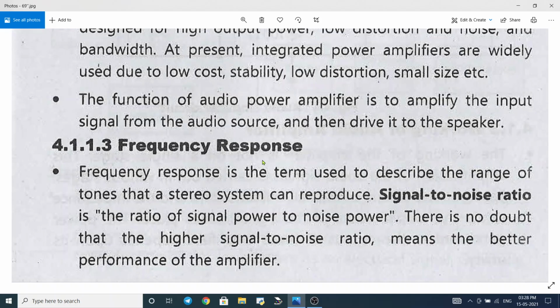The frequency response. While designing an audio power amplifier, a frequency response is a term used to describe the range of frequency, the range of the tone that a stereo system can reproduce.